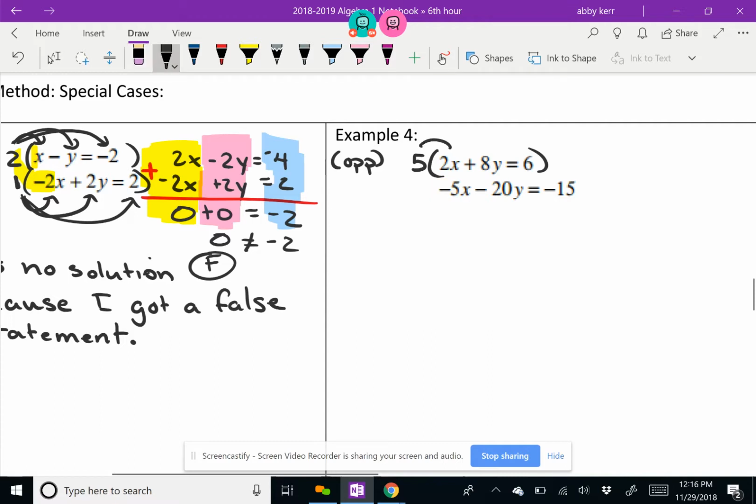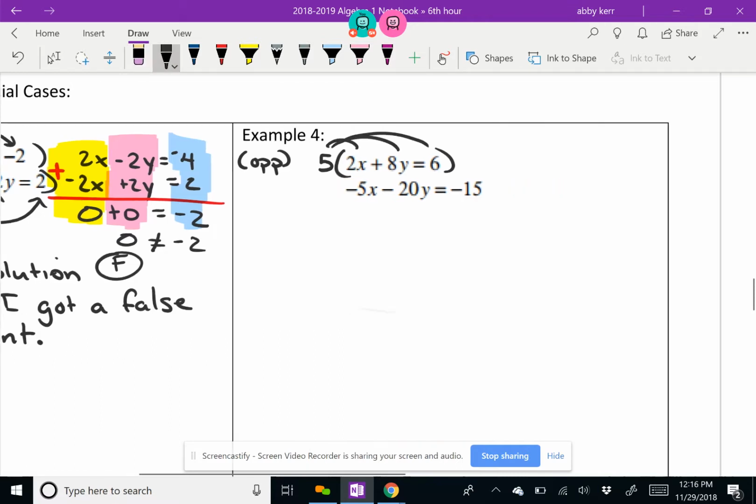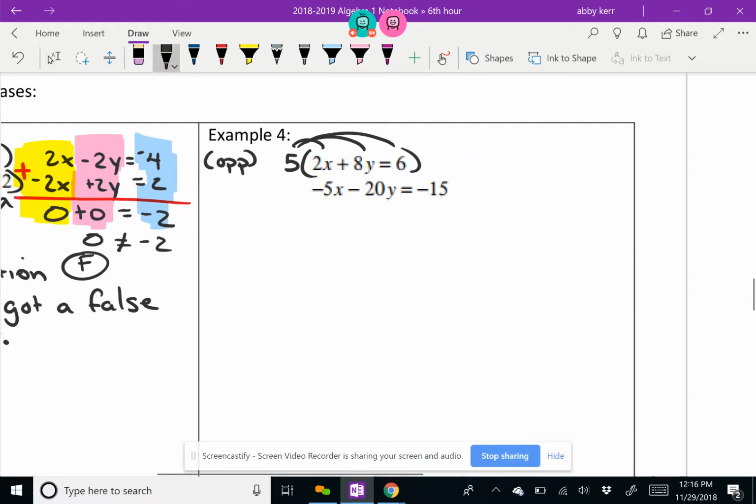And then I'm going to distribute in. Most common mistake, students forget to distribute the 5 to the 6. Now the second equation, I'm going to multiply by the first coefficient of the first equation. Notice that I kept it the same. You only do the opposite of 1.